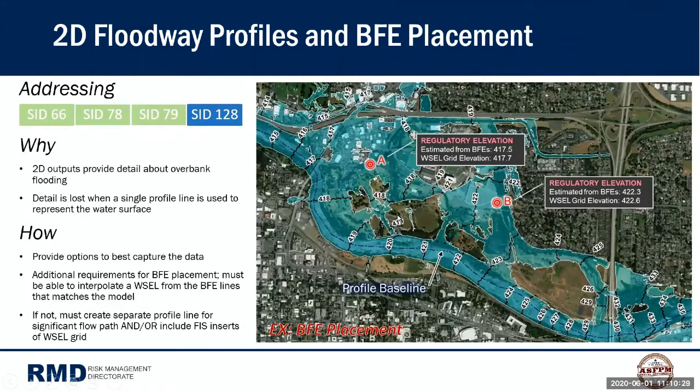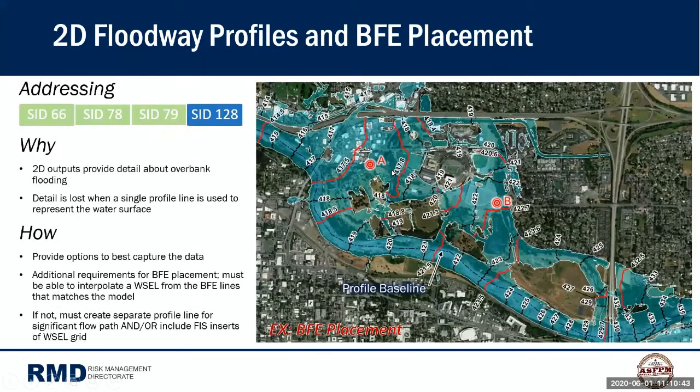Here is another image of a sort of complex flooding area on the right, and you have BFE lines that are shown, and what's coming up in red are half-foot elevations that we can show. So if a whole foot elevation of a BFE isn't enough, we can show decimal BFEs, and that's what you see coming up in red.